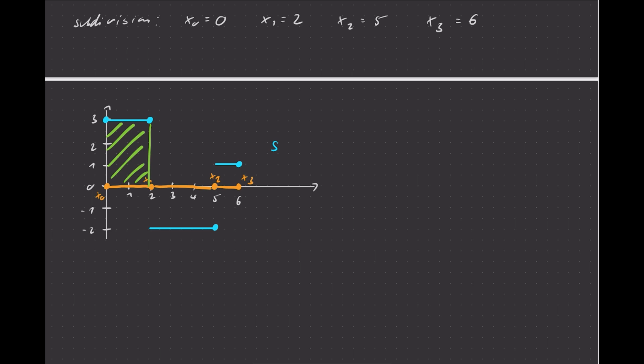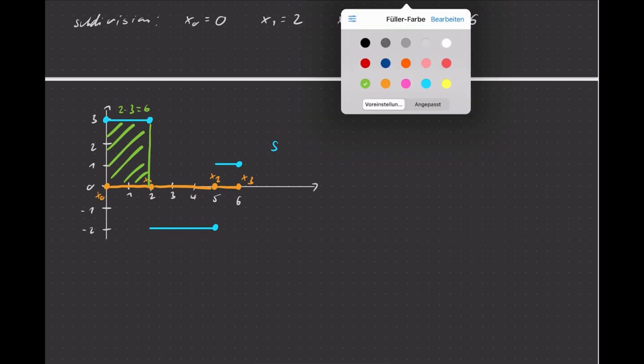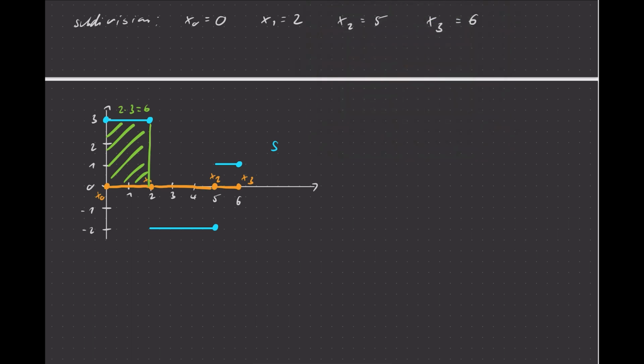The area of that rectangle is, well, the function value is 3. The length of that interval here is 2. So that means what we get here is 2 times 3. That's an area of 6. And just to denote that as well, gamma 1 is then the function value here. That's 3. Right? That enters here.